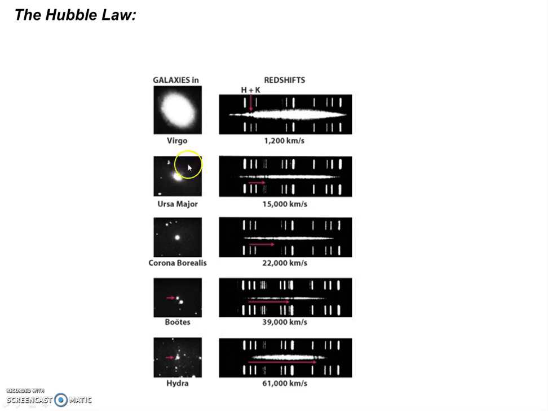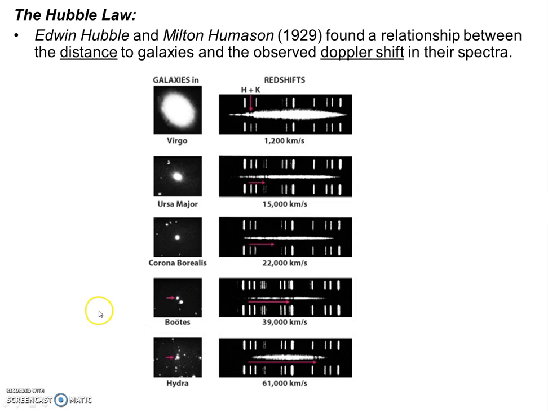In other words, a galaxy that is moving about twice as fast is about twice as far away, and a galaxy that's moving 3 times as fast is about 3 times as far away. He found this linear relationship in 1929. It turns out to be extremely important for the history of our universe, but that isn't something we're going to talk about until a couple chapters down the road in the next unit.